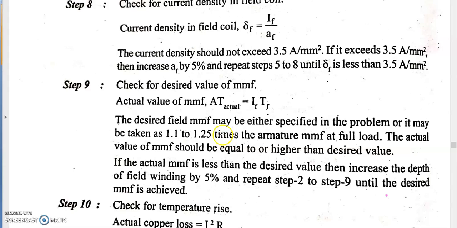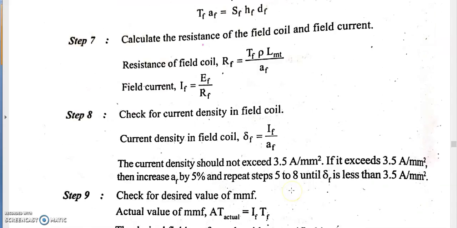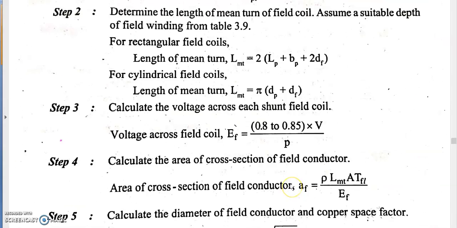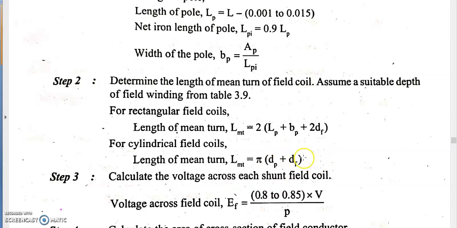Suppose this condition is not met and it exceeds the criterion, then we have to increase the depth of the field winding by 5%. The depth of the field winding comes in step 2. See here, this depth of the field winding is used to calculate the LMT.